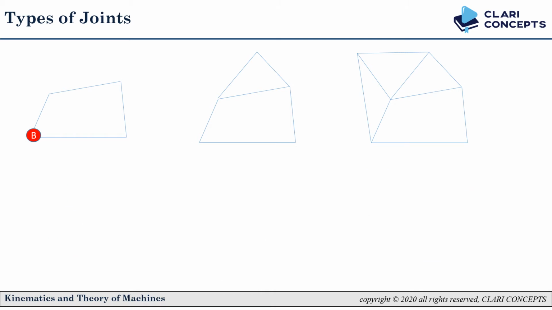Now to summarize, we will first find out how many binary joints there are in all the 3 chains together. So all the located B's are known as binary joints. This is also a binary joint, this is also a binary joint, this one is, and the final one in the 3rd chain you can see this is a binary joint, right?